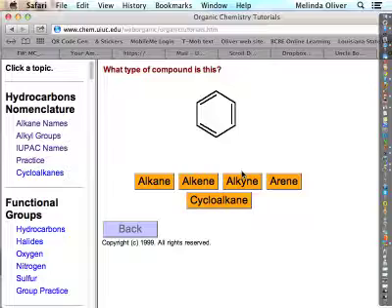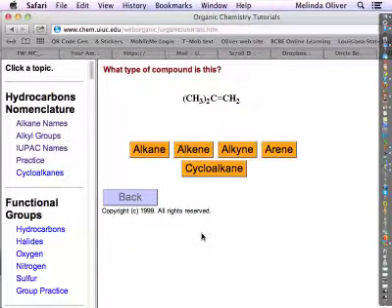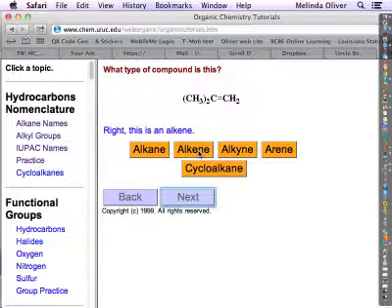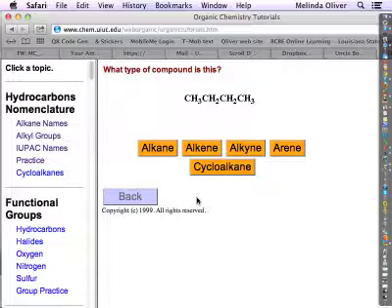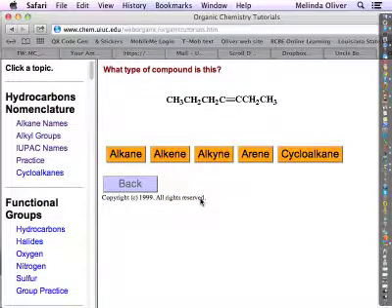So what is this? Is this an alkane, an alkene, an alkyne? Arene, I believe, is another word for aromatic. So let's try that. That is an alkene. This is an alkane, all single bonds, and so on.